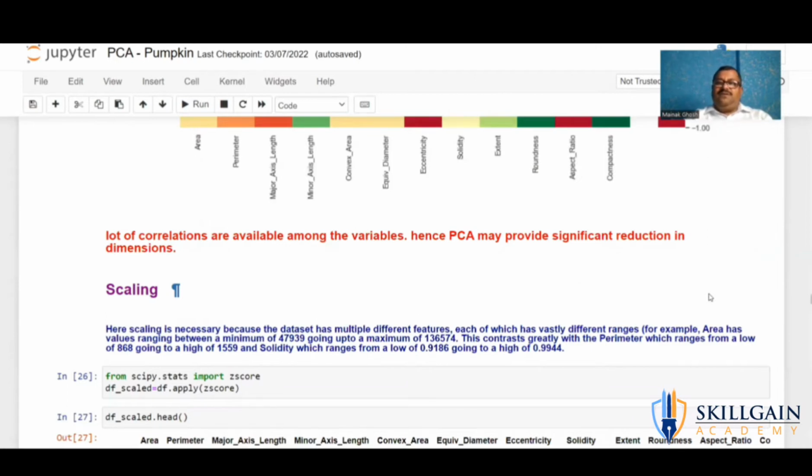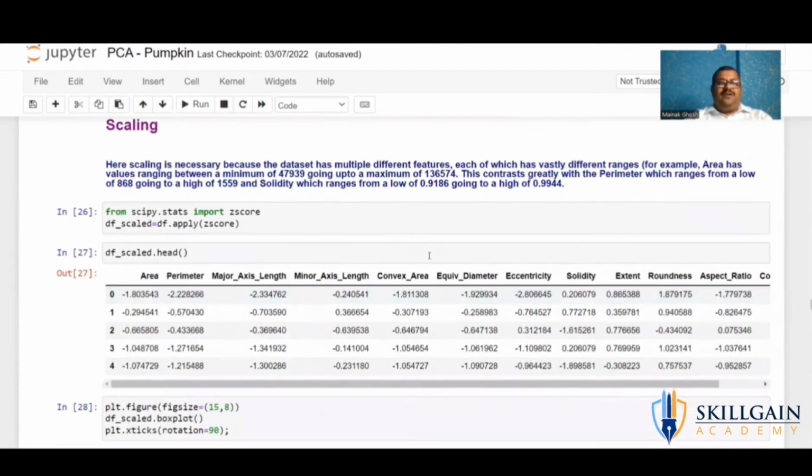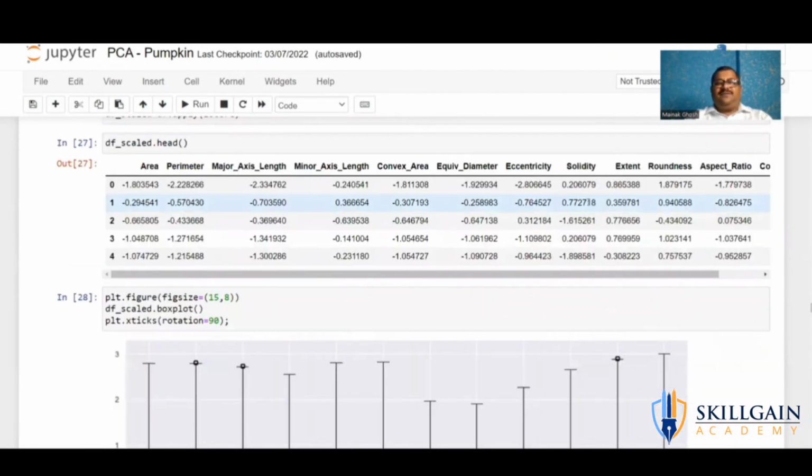But one of the first steps for doing principal component analysis is scaling the data. Otherwise, big values will have a big impact, big significance on the PCA and it will give you bias. So for scaling purposes, we have taken the Z score from scipy.stats and after scaling we will get these values.